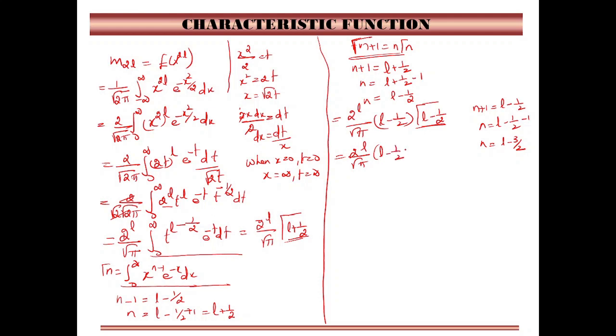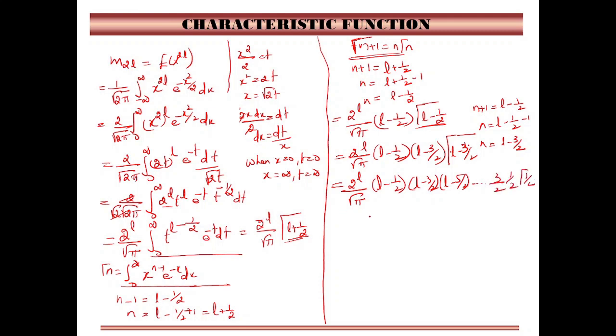So l minus 1 by 2 into l minus 3 by 2 into gamma l minus 3 by 2. So we proceed in this way. Therefore, this implies 2 power l by root pi, l minus 1 by 2, l minus 3 by 2, l minus 5 by 2 and so on, 3 by 2, 1 by 2, gamma 1 by 2.